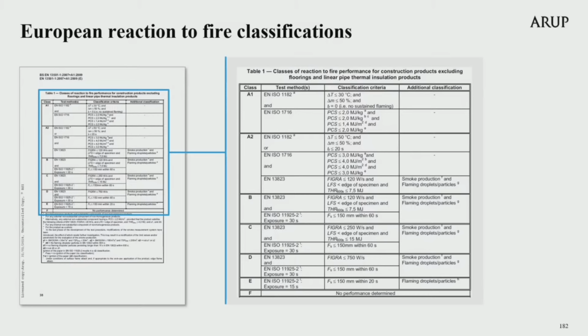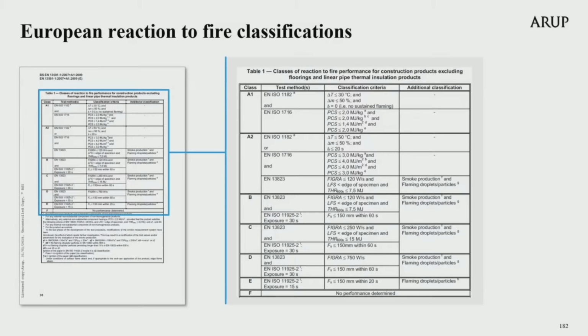The table lists the specific tests relevant to the particular European class, as presented on the slide now. It provides a narrative explanation of the requirements in the main body of the text in the standard that follows.